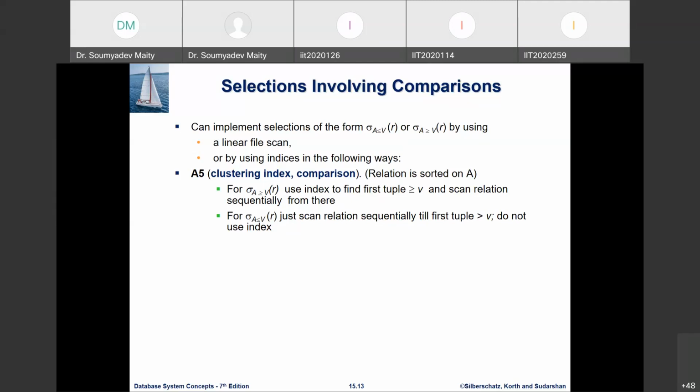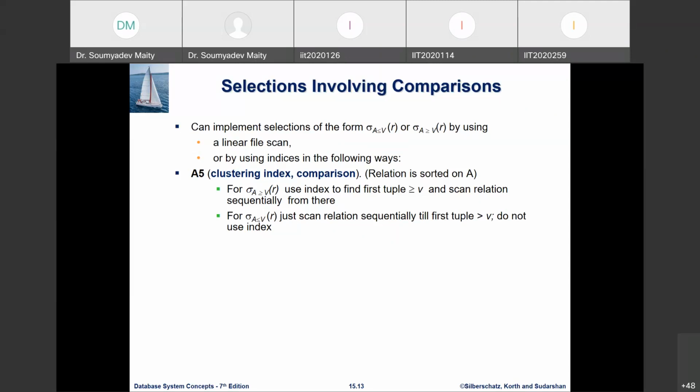Now for the second condition, A less than or equal to V. That means you need the records where the attribute value is less than or equal to that given value. So now it is very obvious that you have to get the records of the file from the very beginning of the file until the record whose value does not satisfy this condition, A less than or equal to V. So clearly, you can access the file sequentially.